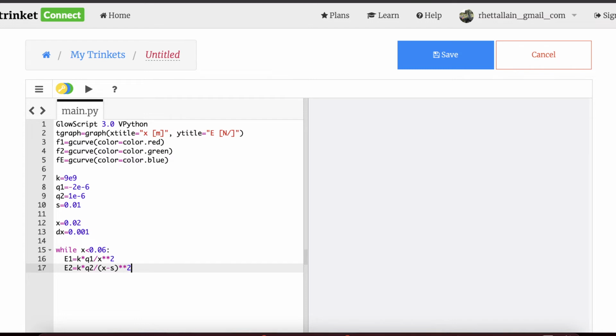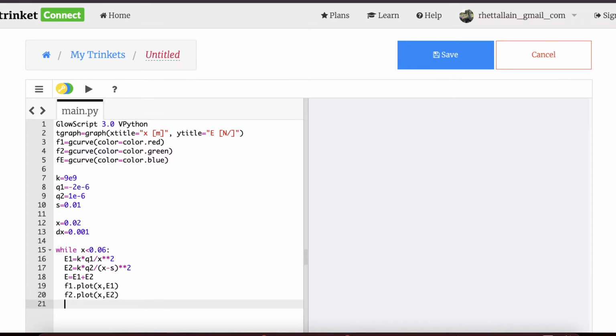Now notice that I did not say negative or positive because that's built into the charge. Q1 is negative, so E1 is going to have a negative value. I don't have to put that in. Now, E equals E1 plus E2. Now I just need to plot everything. So F1.plot(x, E1), F2.plot(x, E2).